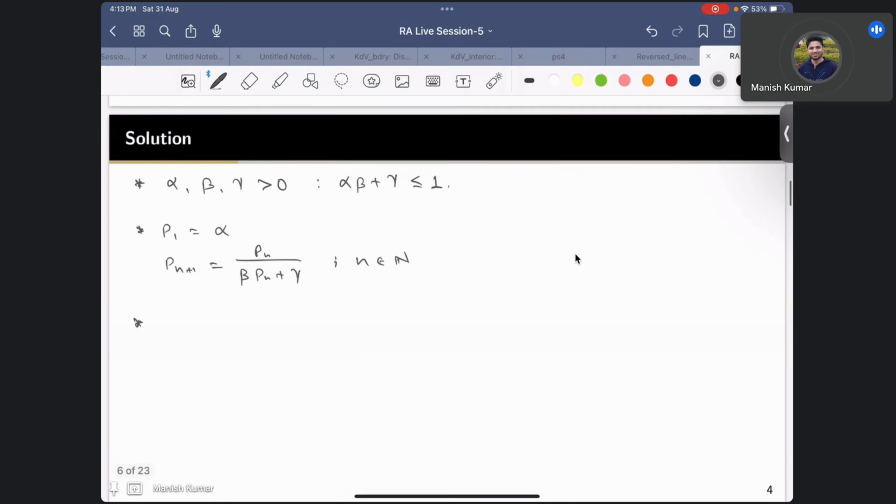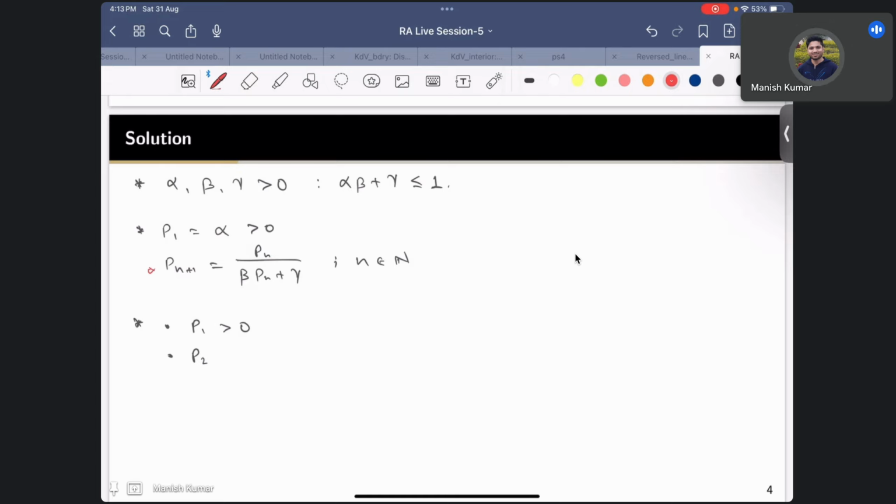First note that P1 is clearly greater than 0. Then P2 is again greater than 0, because for n equal to 1 the denominator and numerator are all strictly greater than 0. Again in a similar fashion, P3 is greater than 0, P4 is greater than 0.